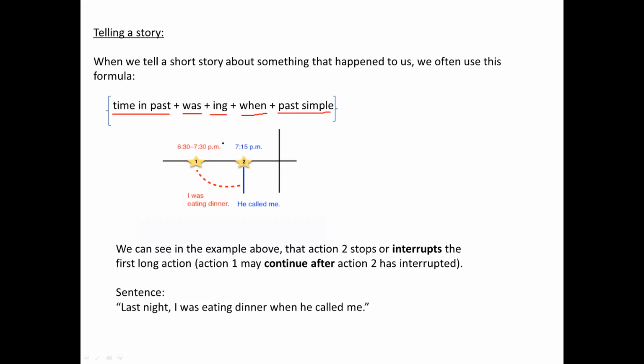Now what we have is a long action. Now this one is ing. So ing, long action. Bang, suddenly it's interrupted by a new action. And the second action, action number 2, is just a simple, short, simple past.